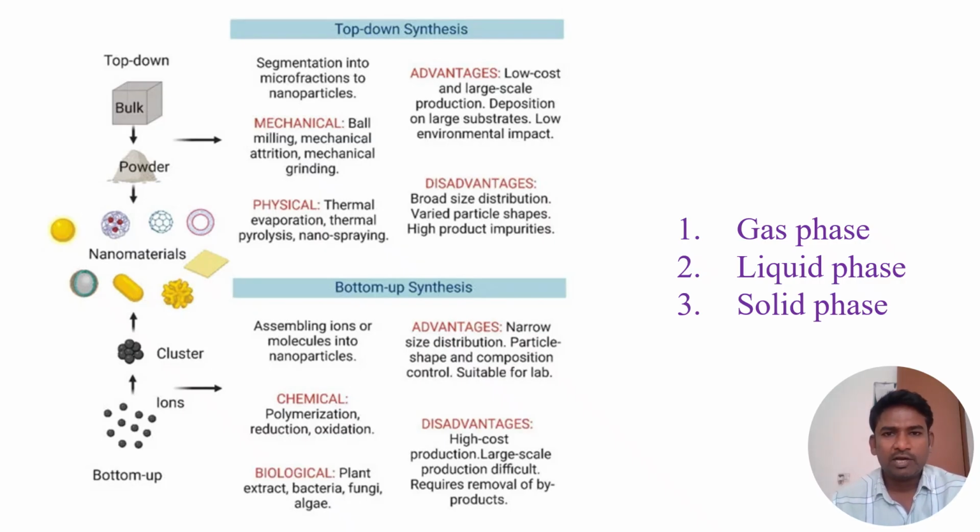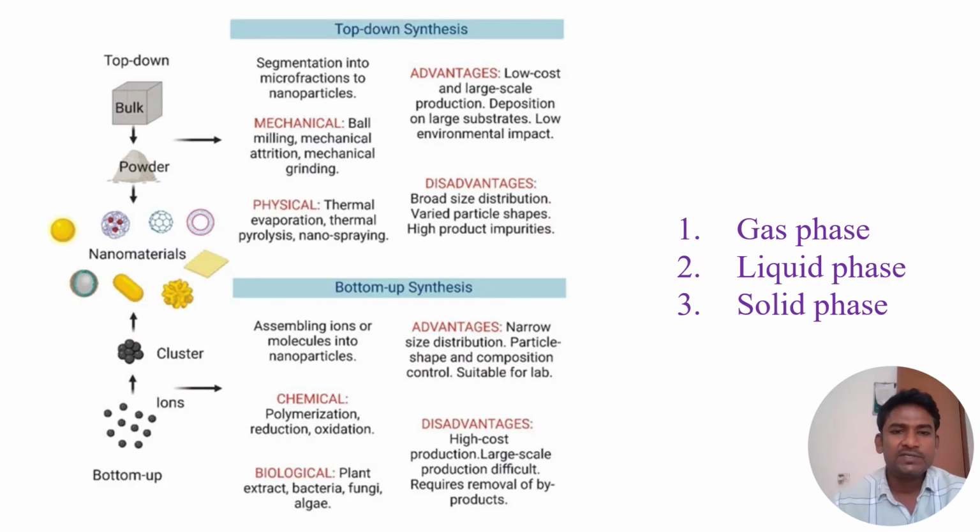Here, the top-down approach is the segmentation of micro fractions into nanoparticles. For example, mechanical methods such as ball milling, mechanical attrition, and mechanical grinding are suitable examples of the top-down approach.